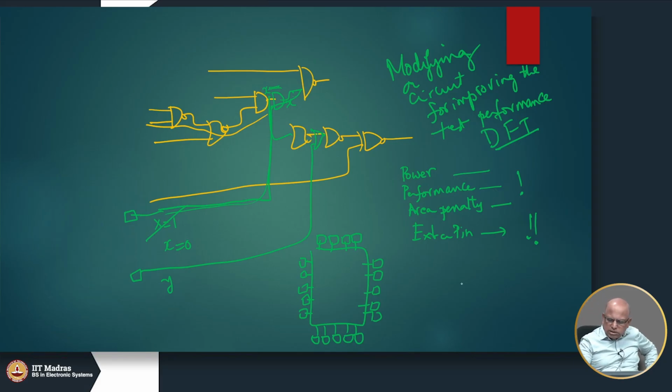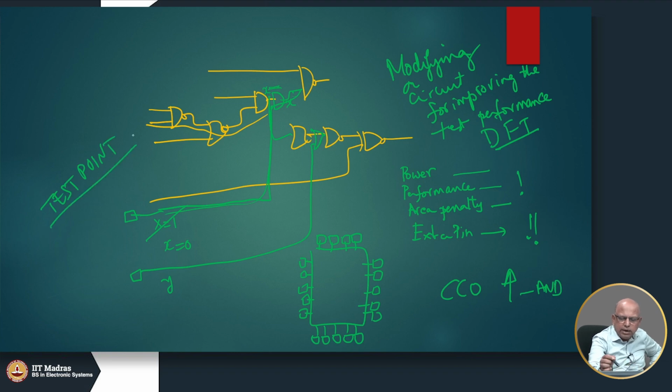So, we found that the CC0 is very high, so we wanted to improve that, so we added an AND gate. This is called a test point. The test point is this AND gate that we add. Similarly, the OR gate that we added is a test point. So, it is called test point insertion.